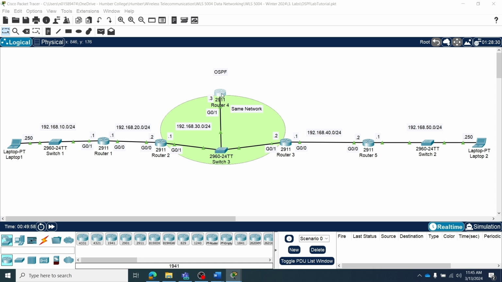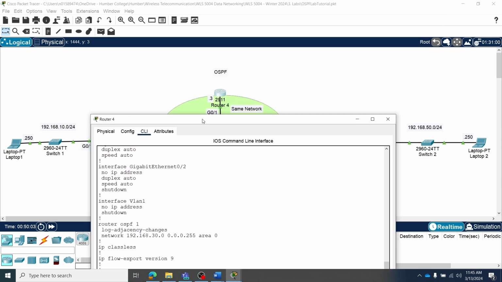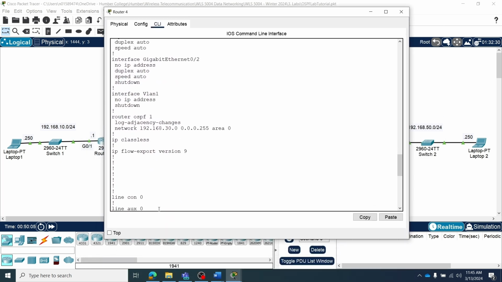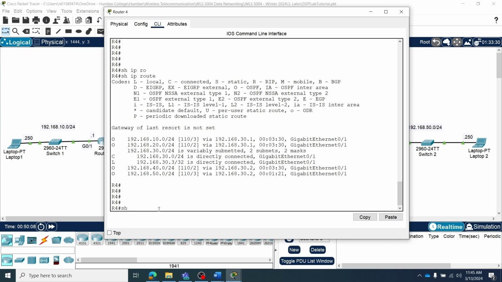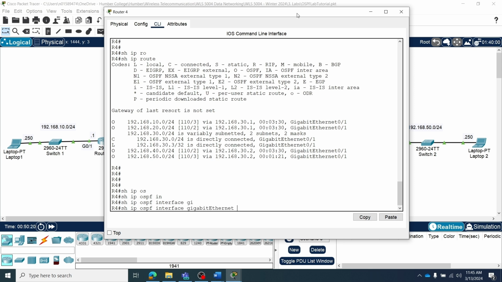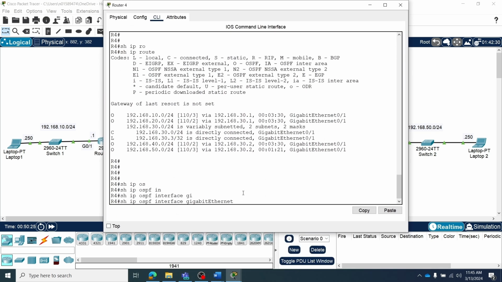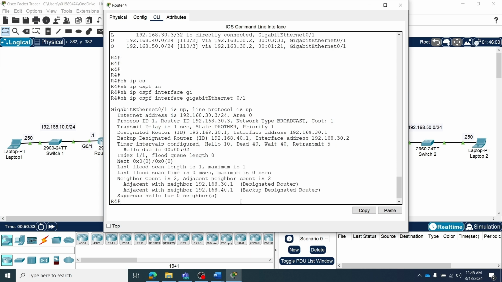Router 4, let's see what is actually showing on the interface. Show IP OSPF interface, then the interface ID, gigabit Ethernet 0/0/1.